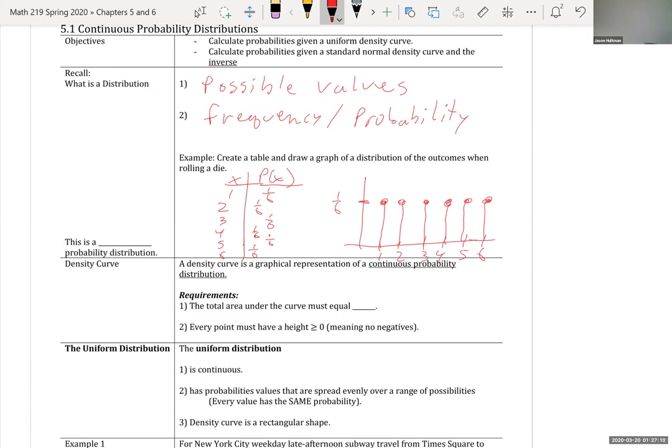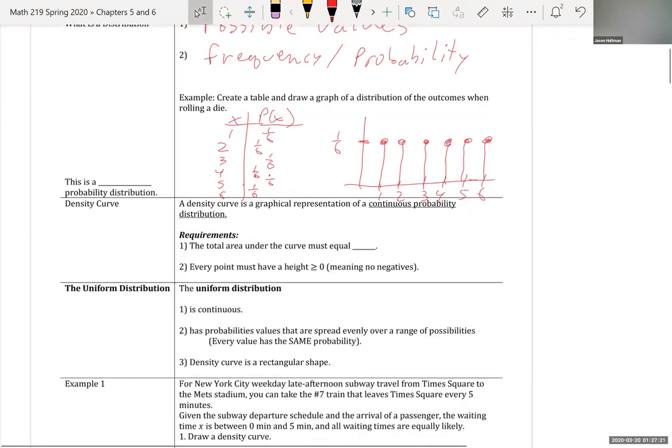This is what we would call a discrete density curve. It comes in whole items, 1, 2, 3, 4, 5, and 6.